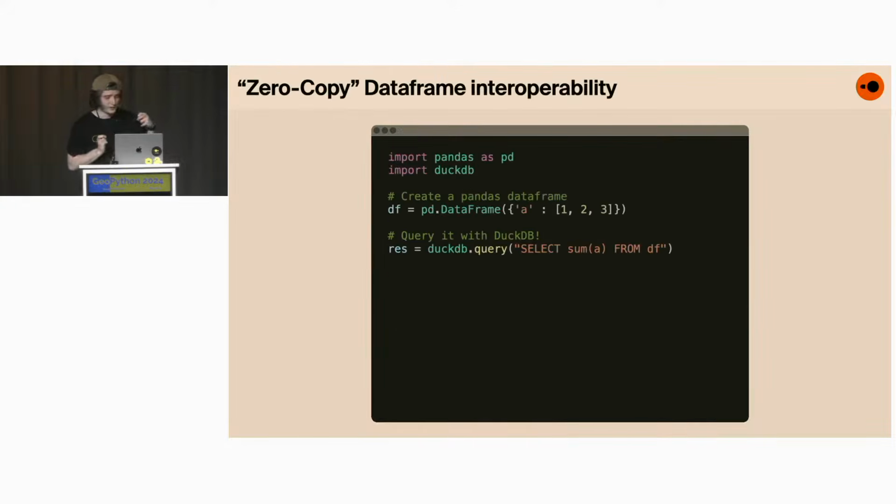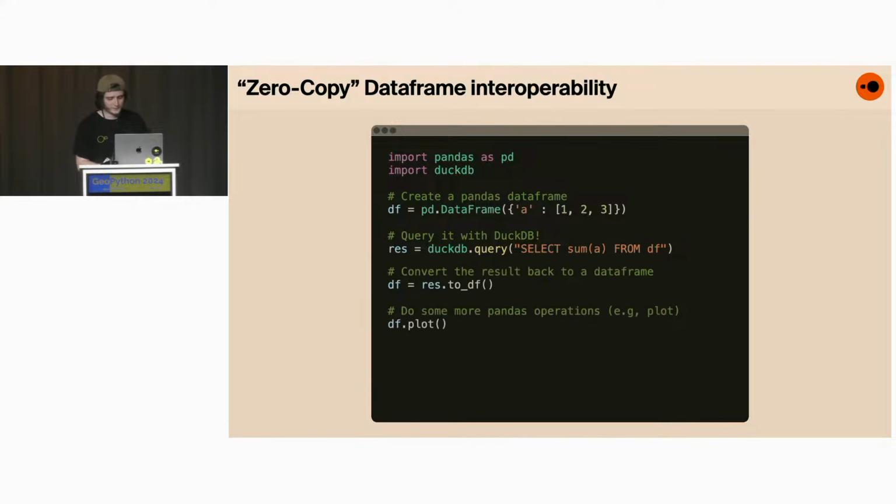We also have this really cool thing with zero copy data frame interoperability. So in this case, you can create a pandas data frame and then query it directly from DuckDB. You just say from df, and DuckDB will then look up anything in scope that looks like a data frame and read that memory immediately. You can also convert your results back into data frames if you want to continue working in data frame land.